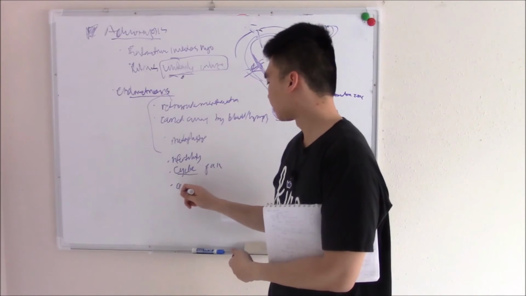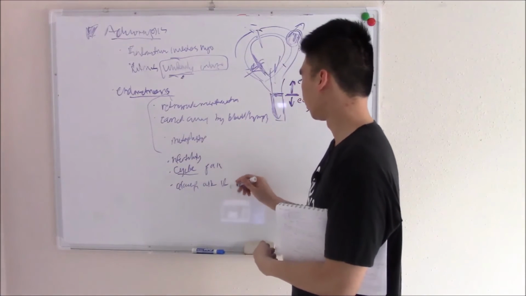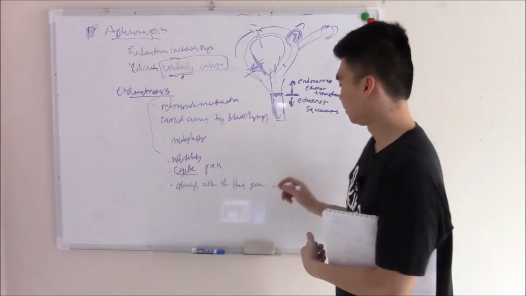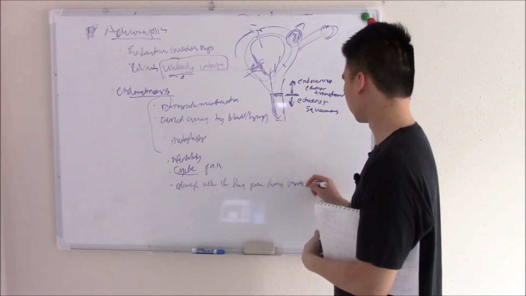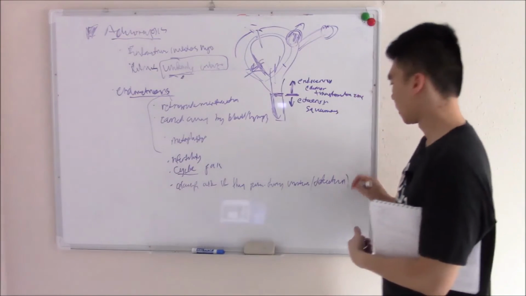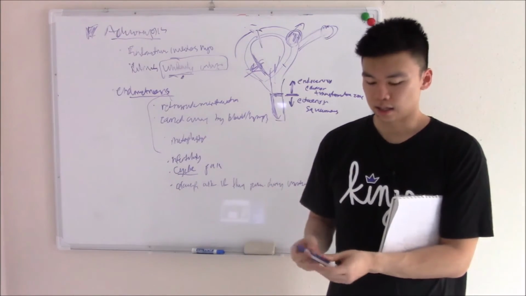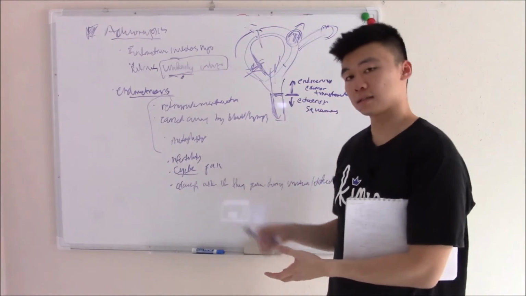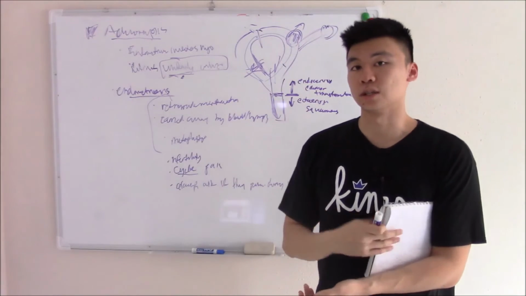Always ask if they have pain in their cycle during urination or defecation. That's another more specific sign for endometriosis. They might not volunteer that information, but if you ask, they might tell you, and that helps you make the diagnosis of endometriosis. How do you treat it?